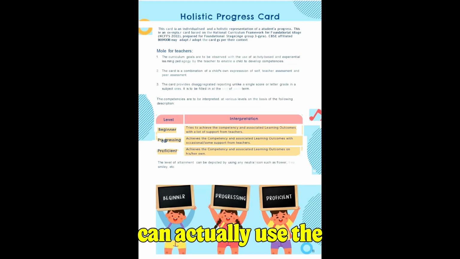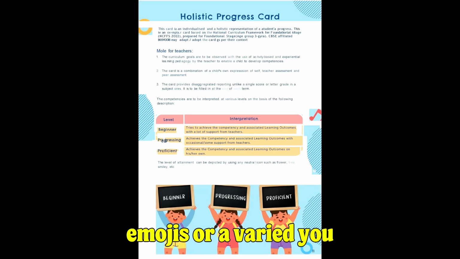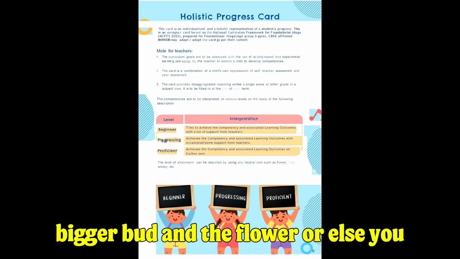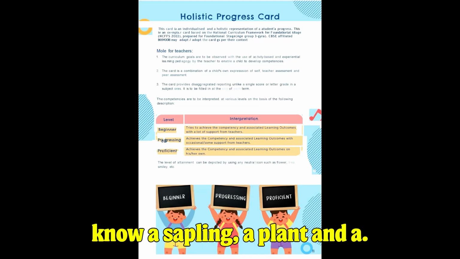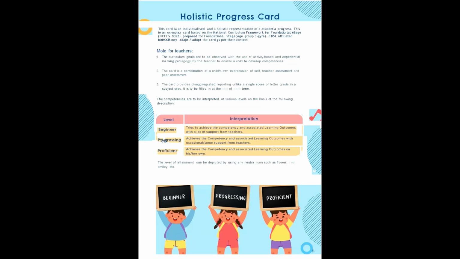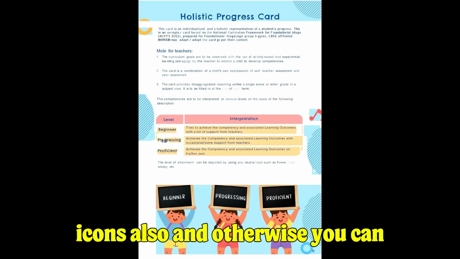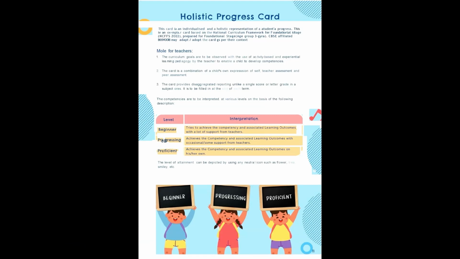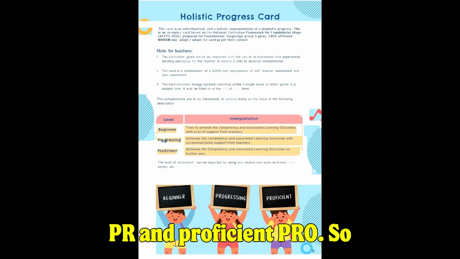The teacher can use emojis or varied icons, like a small bird, a bigger bird and a flower, or a sapling, a plant, and a tree. Otherwise, you can just write beginner B, progressing PR, and proficient PRO.